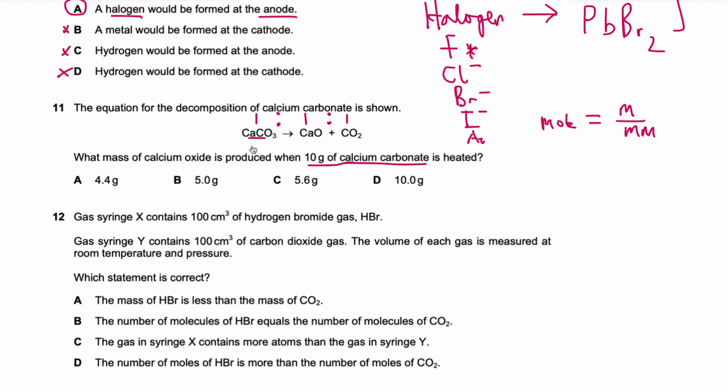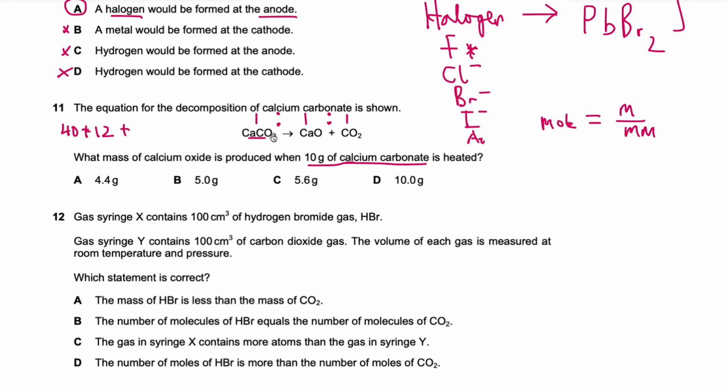So here you use your periodic table, sorry, not four-figure table, your periodic table. Calcium is 40, right? So you say 40 plus carbon, which is 12, plus oxygen, which is 16, but you multiply the 16 by 3 because of this 3.